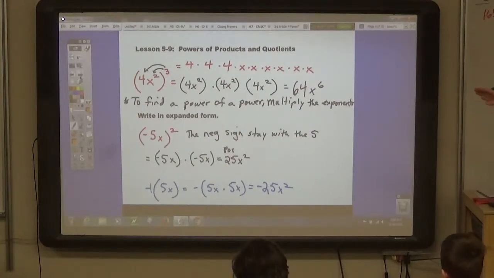If 4x squared to the third power equals 64x to the sixth power, what do we do with the exponents to get the answer? Do you add 3 plus 2?